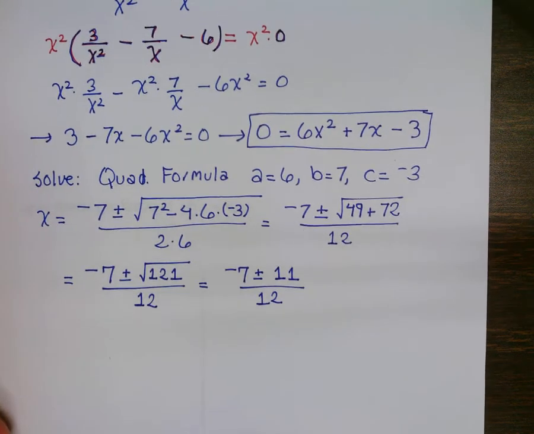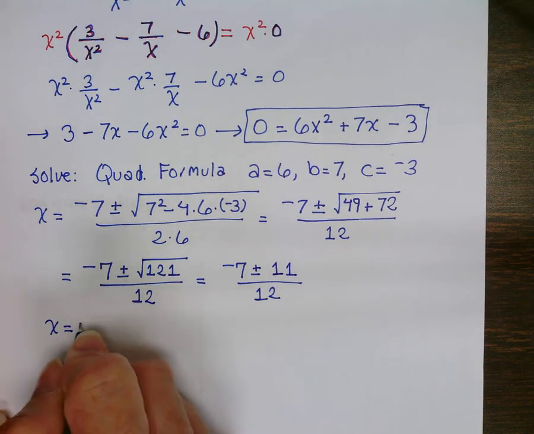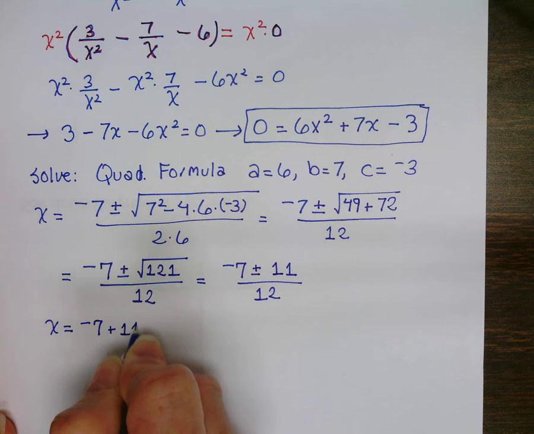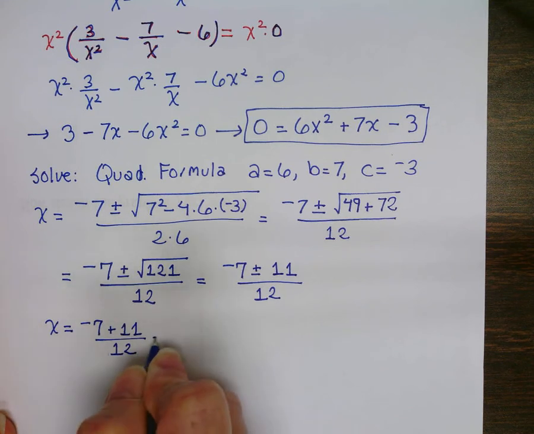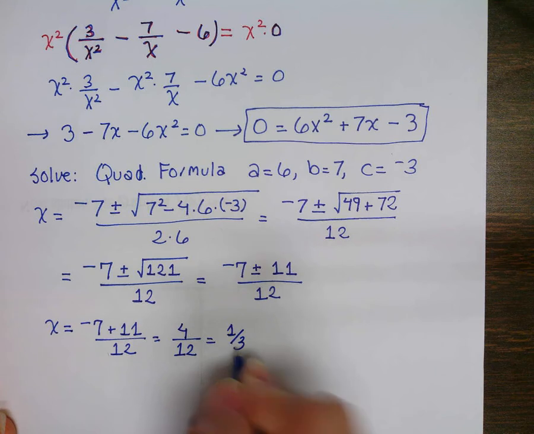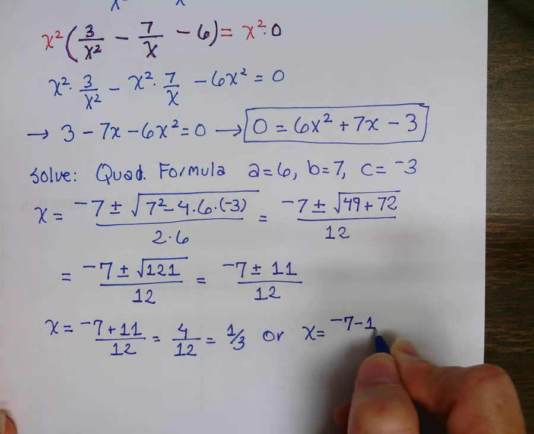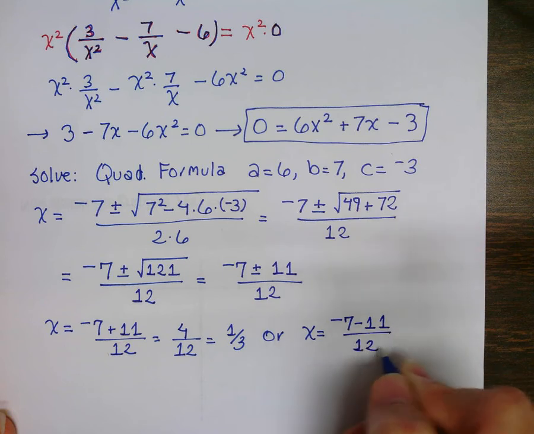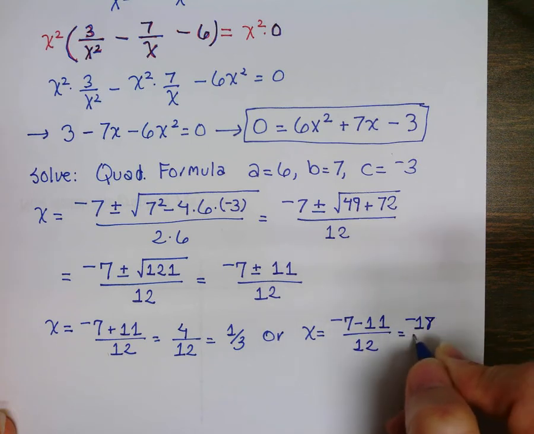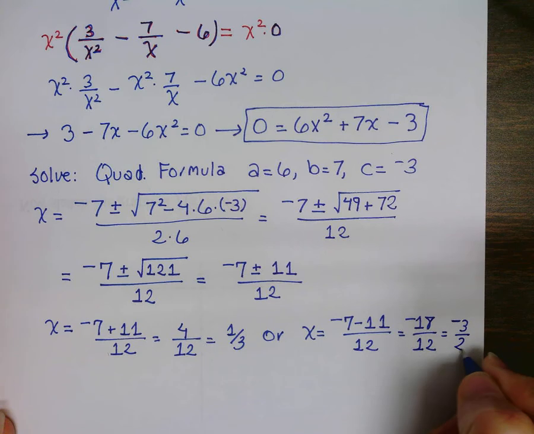Okay? So what do I know? x equals -7 plus 11 over 12, which is what? -4 over 12 equals 1/3, or x equals -7 minus 11 over 12, which is -18 over 12, which is negative what? 6 goes into both of those, so -3/2.